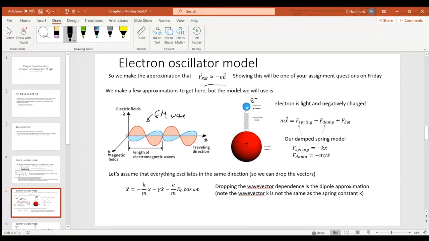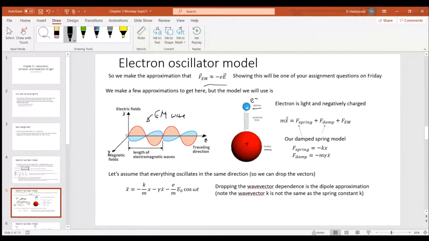For those of you who are taking quantum mechanics, you know this electron is bound in some orbital. But we're going to say that we disturb this electron perturbatively, and this perturbation will act like the electron is oscillating on a spring. Okay, so this model obviously precedes quantum mechanics, but it actually works quite well.